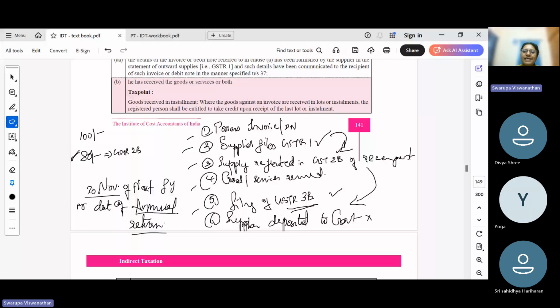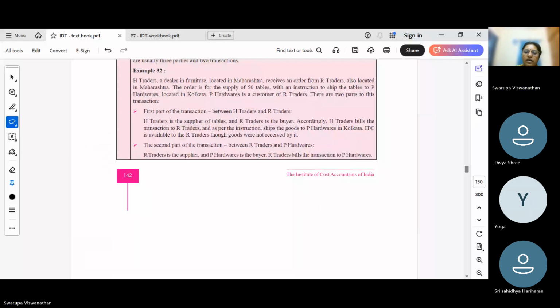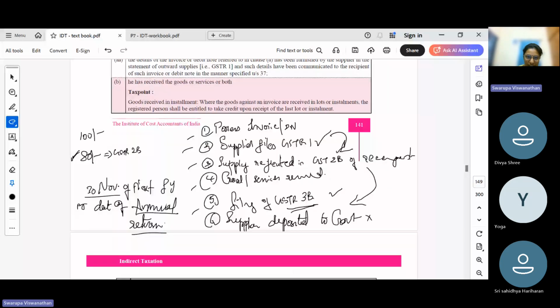Next scenario is where you don't pay the supplier. So I have purchased goods for 100 rupees. Okay, I have received the goods. It has been reflected in my GSTR 2B. I have availed the credit, and the supplier has also been very genuine. He has also filed his GSTR 3B and deposited the amount with the government.